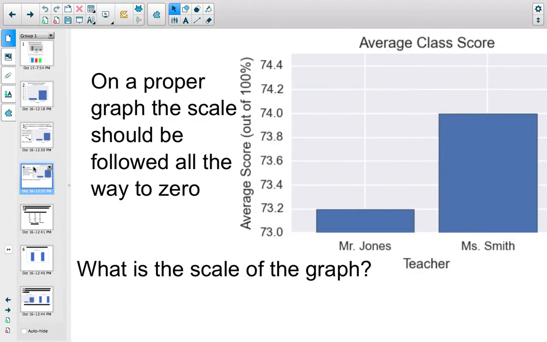So on a proper graph, the scale should be followed all the way down to 0, right? We should start at 0 at this corner and work our way up by a certain amount. So if we were at 74, we should go up by 10s or we should go up by 5s. We shouldn't start at 73 and go up by 0.2 because these small differences look a lot bigger on a graph.